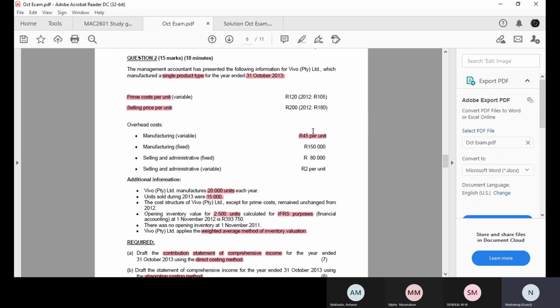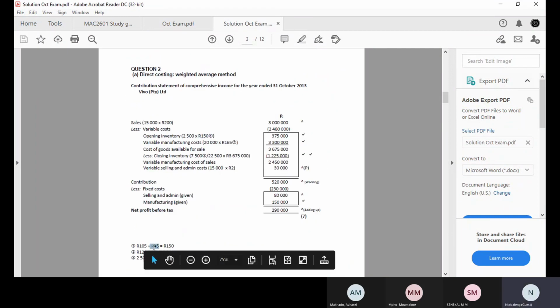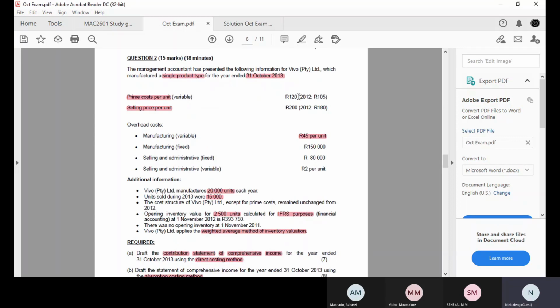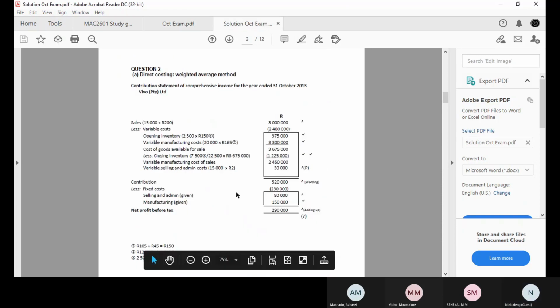We have it here. And the 150, it's the 45 we got, plus the 105. The 105 is this one. So they took last year's prime cost, remember it's the prime variable, and this year's one, the 45, which gives you 150.